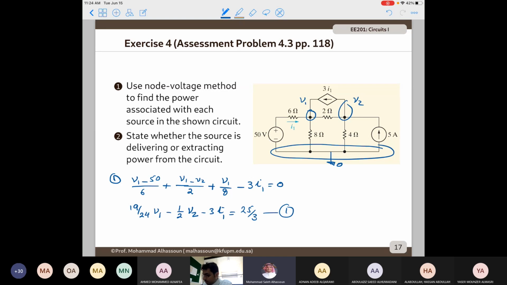Munir, the second one. V2 minus V1 over 2, V2 over 4, minus 5 plus 3I1, equals 0.